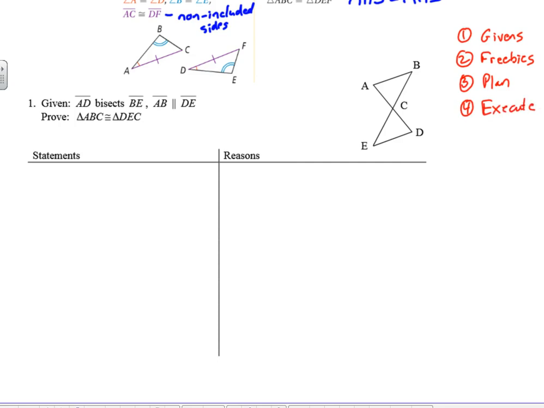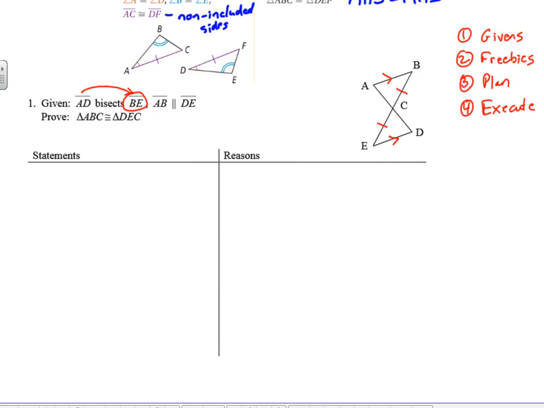So here's what we got. AD bisects BE. Now remember it's BE that is being cut into 2 congruent parts. And then we've got AB is parallel to DE. Well, from the proof terminology sheet, we understand that parallel unlocks something about angles for us.